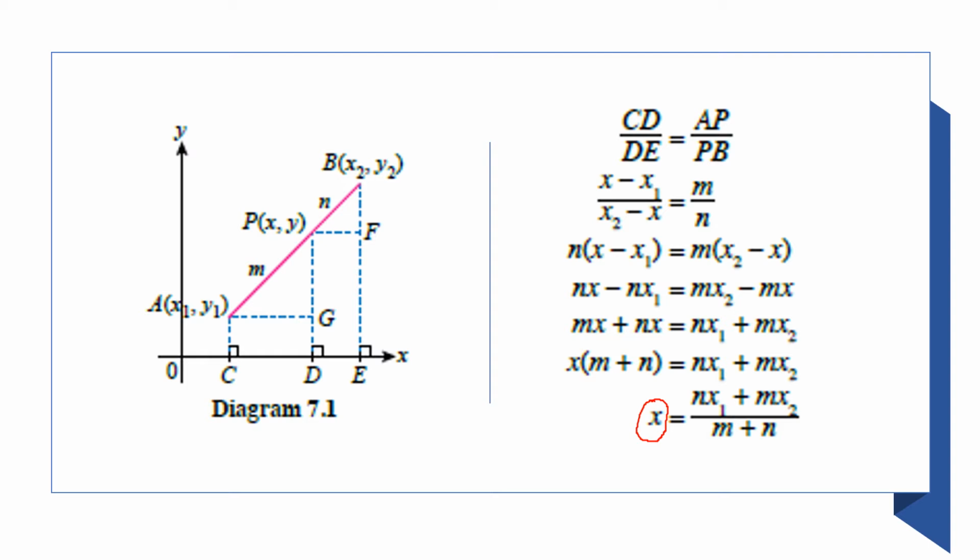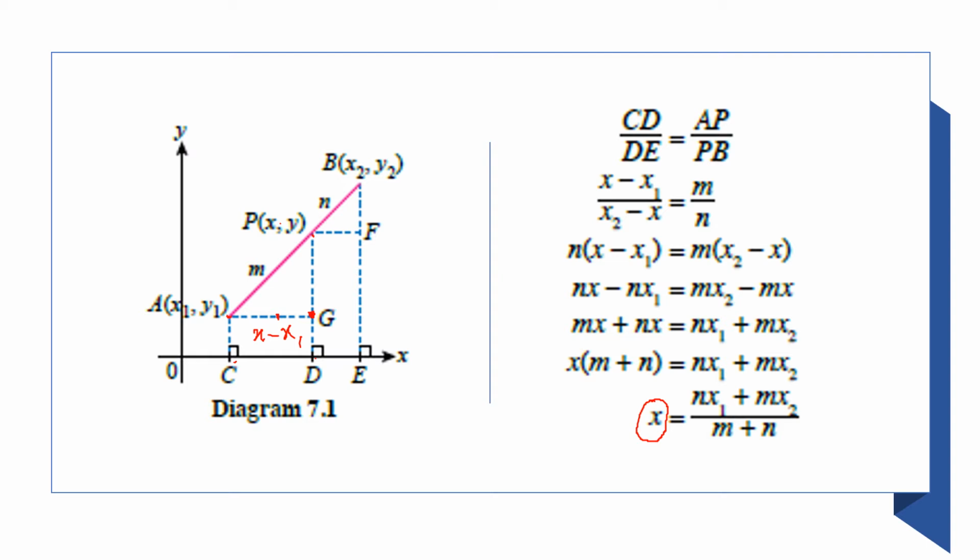So we look at this portion, the ratio CD is actually the length from here to G. It is the same length as this one. So what is the distance? We can get from here, which is X. This is X and this is X1. So we will get X minus X1.